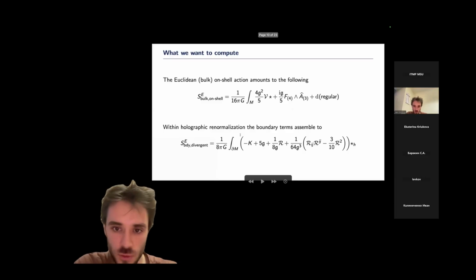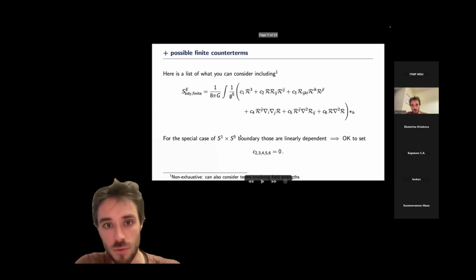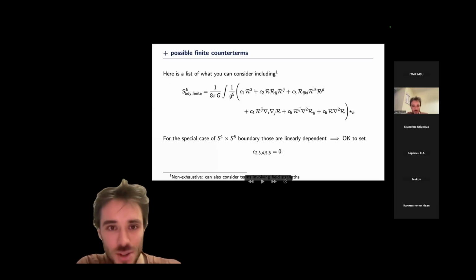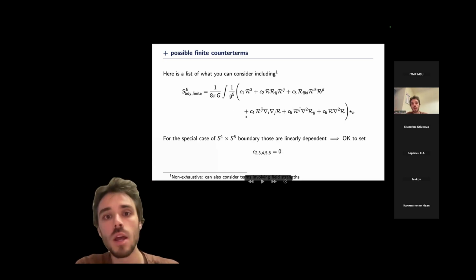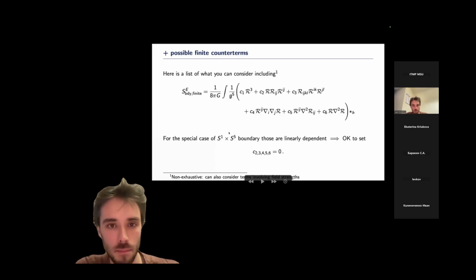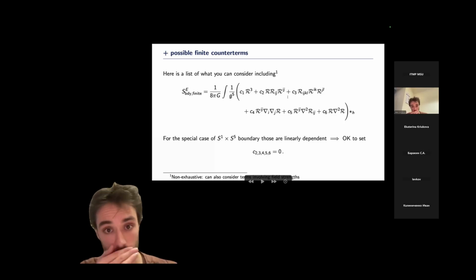Okay, so this is for the divergent ones, but for the finite ones, you're absolutely right. This is evaluated at the actual boundary, and you might want to say, okay, I should include them, but they all amount to the same. They're all the same in this background. They can be different in principle.